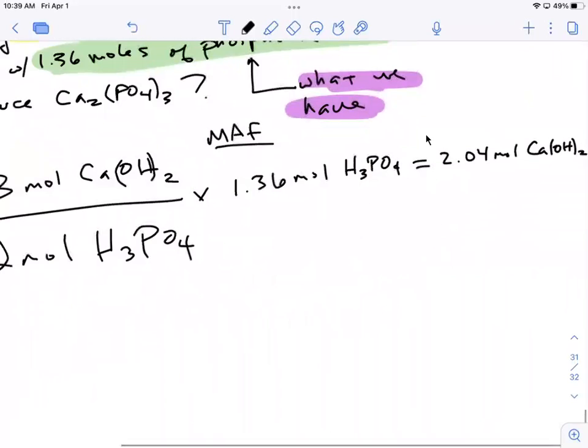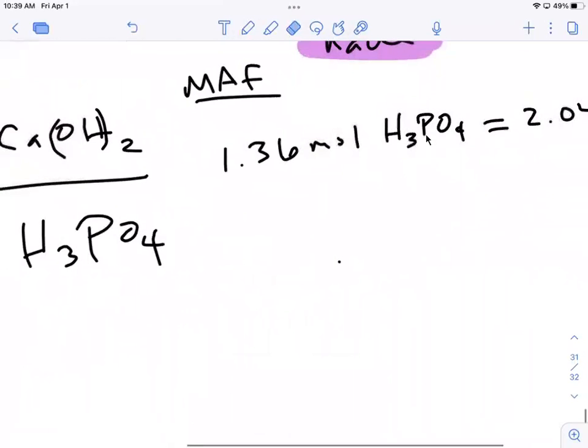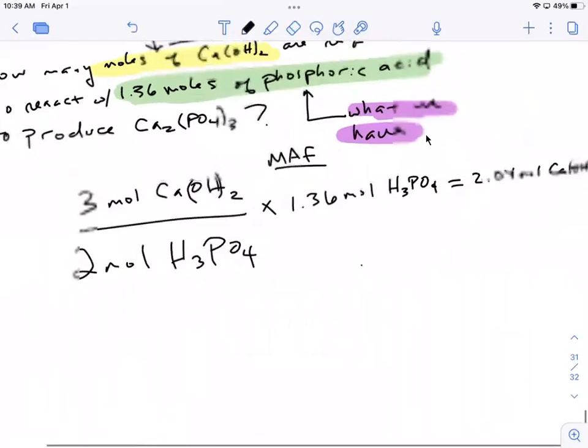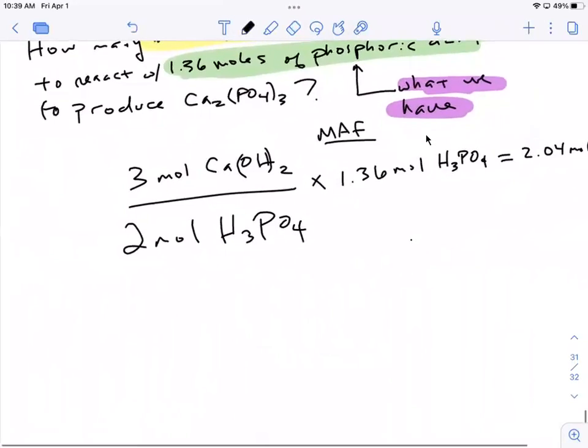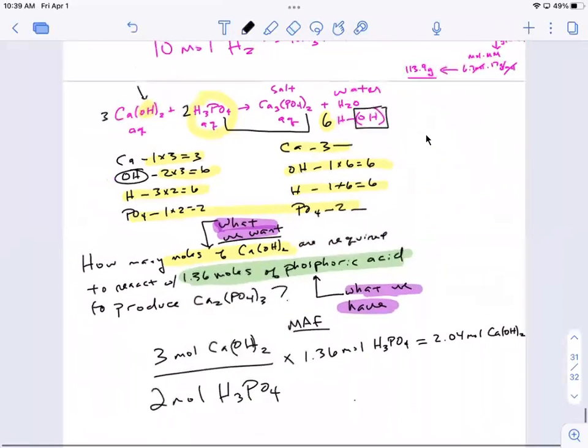So if you have, and let me explain how this works in practical terms. If you're in the lab, right? You in my lab on Tuesdays or Wednesdays or whatever, and we're making calcium phosphate, right? So you got calcium hydroxide and you dissolve it up in phosphoric acid, right? It's all aqueous, and you react these two together to get out calcium phosphate, right?